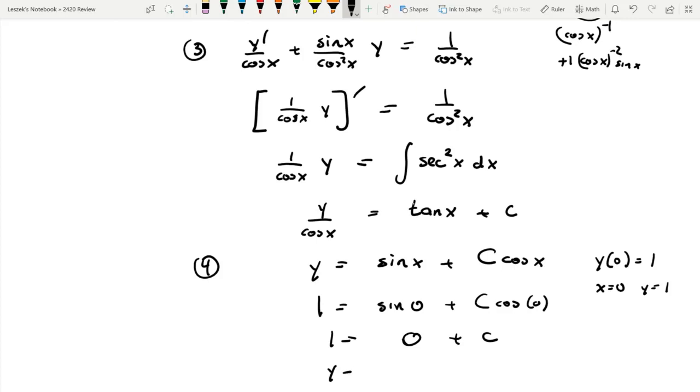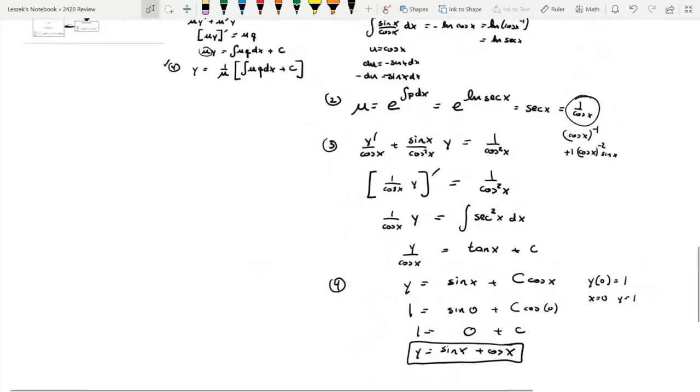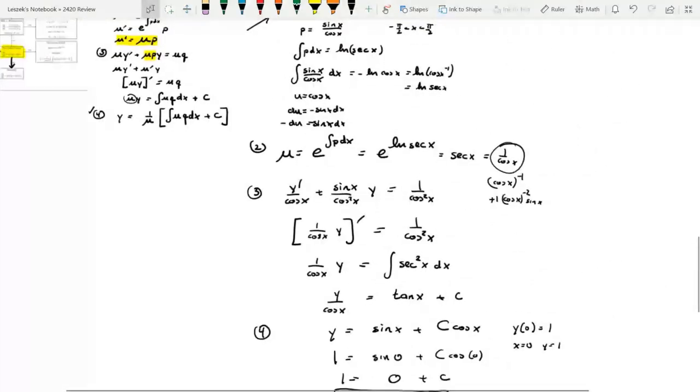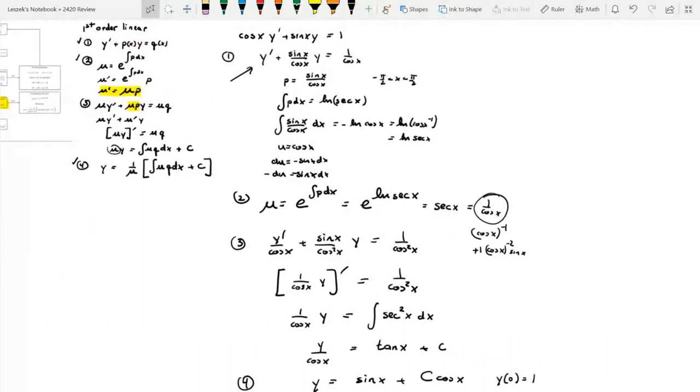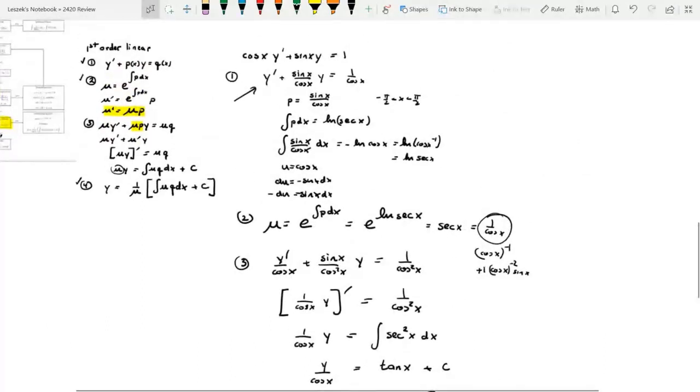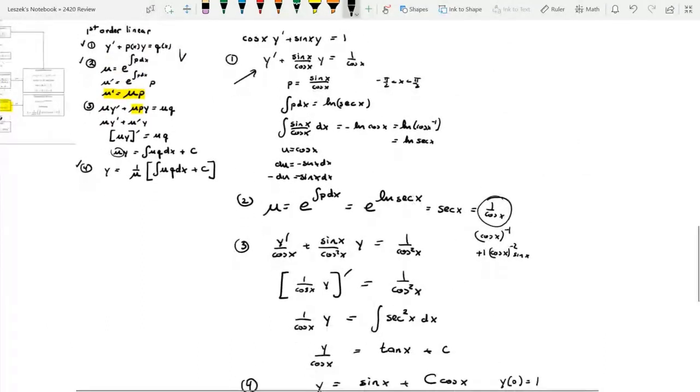All right, so your particular solution would just be the sum of sine and cosine. Okay, but anyway, that's the basic mechanics of solving a first-order linear differential equation: standard form, identify P, compute the integrating factor, and then that'd be your solution.